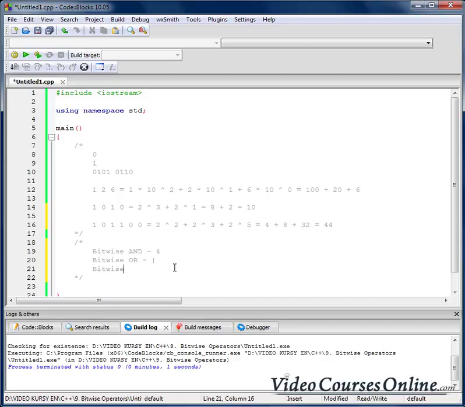We have got also bitwise operator NOT, which is tilde, and it works like relational operator negation, which is exclamation mark there, but this time again remember that we are operating on bits, not on the result of expressions.